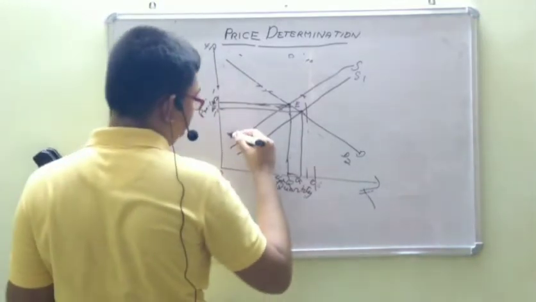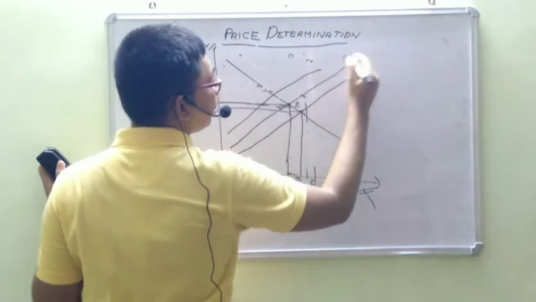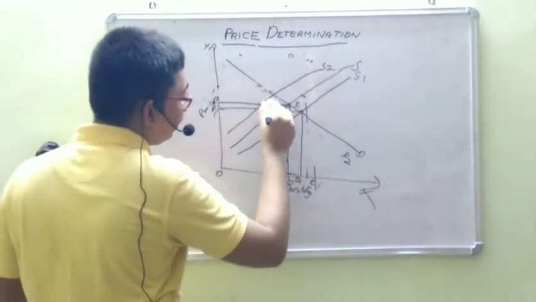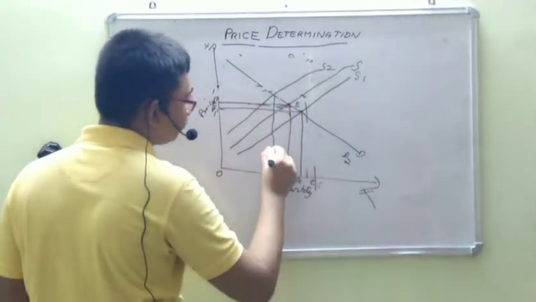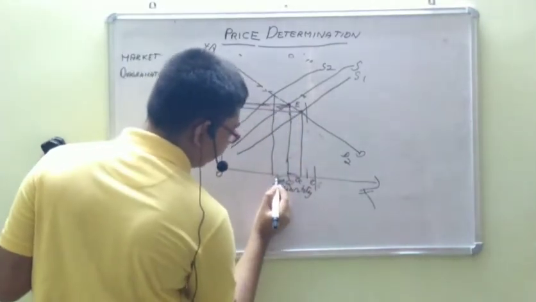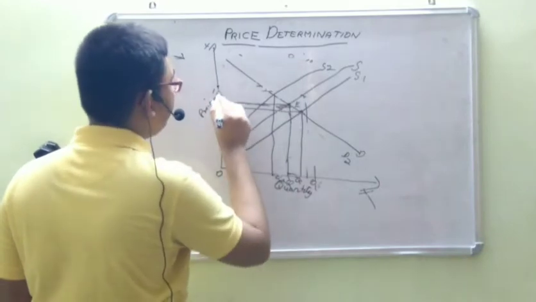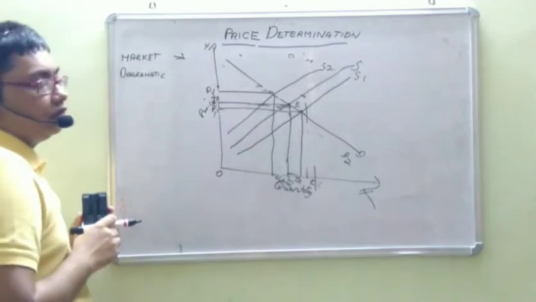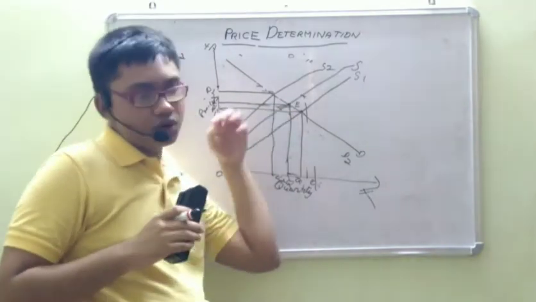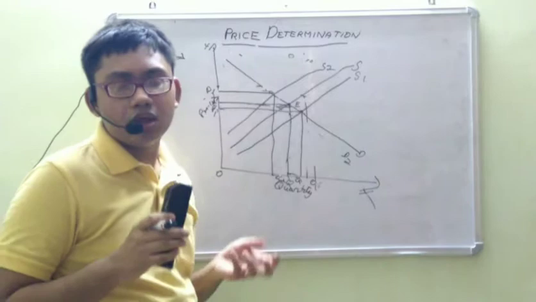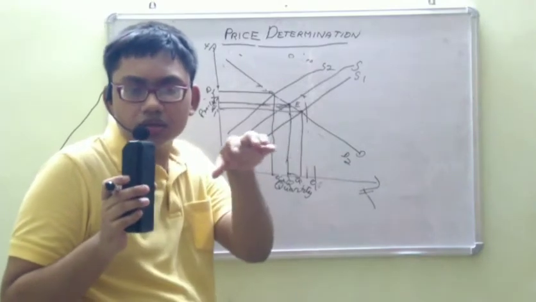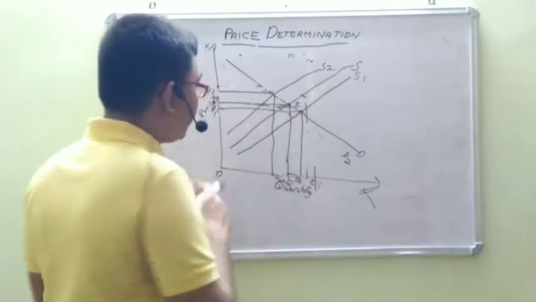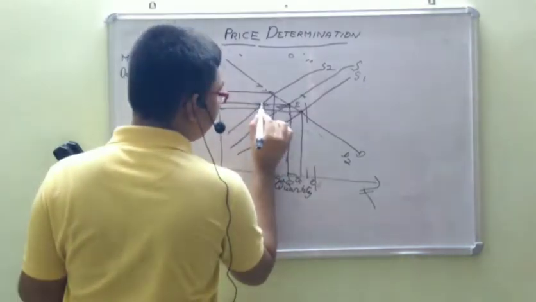Similarly, when supply falls, say to S2, what will happen? Equilibrium quantity has fallen to Q2, and price P2 has risen. The reason here is supply has fallen short of demand. So definitely only a lesser quantity will be sold for any price. But think of the quantity at the equilibrium price.